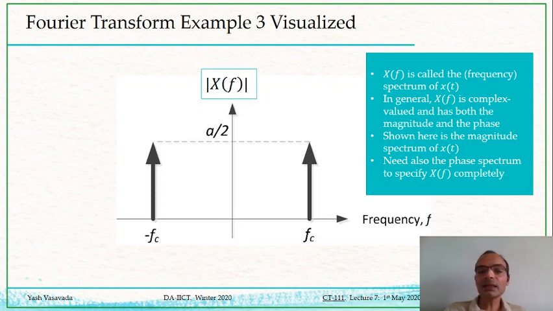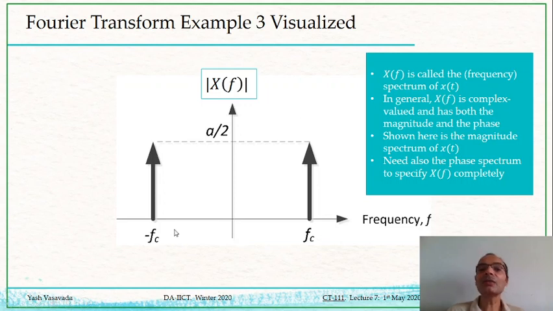Now, if we look at example 3, we went from time domain to frequency domain, and we also can see that by inverse Fourier transform, if I am given this type of frequency domain, what is known as spectrum, then I can recover my time domain sinusoidal signal using inverse Fourier transform, using the synthesis operation. Basically, I would generate a complex exponential at f of c.